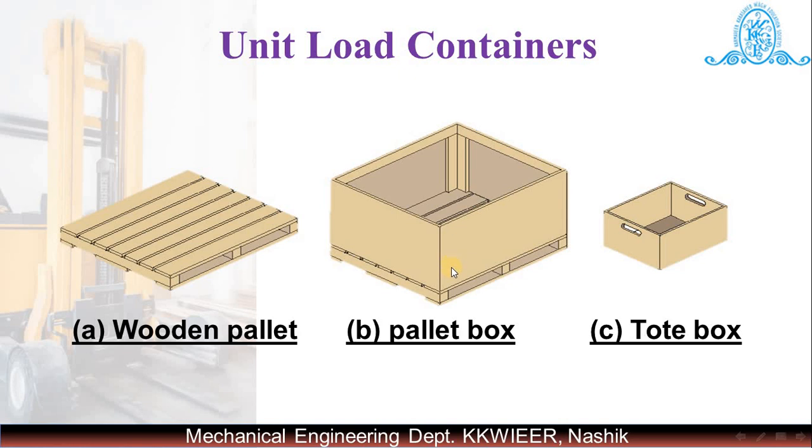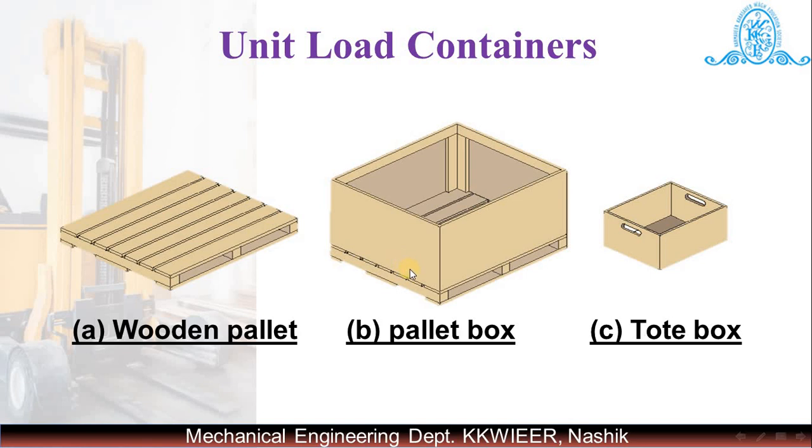So the pallet box is another type of container used for unit load transfer. The next type is the tote box, similar to an open type of box, used for transporting materials. So these are the basic three types of containers for transporting unit loads.